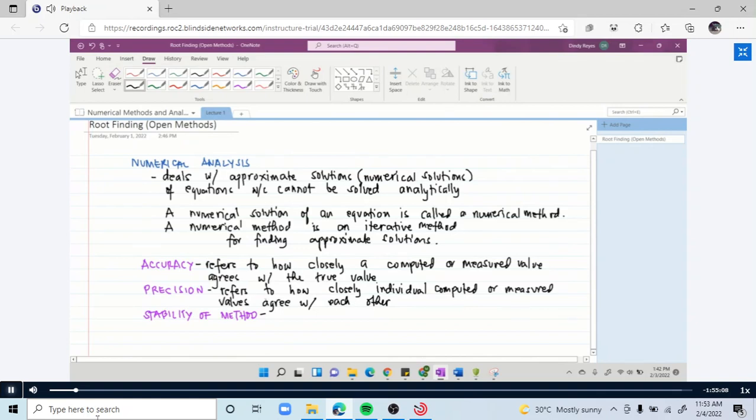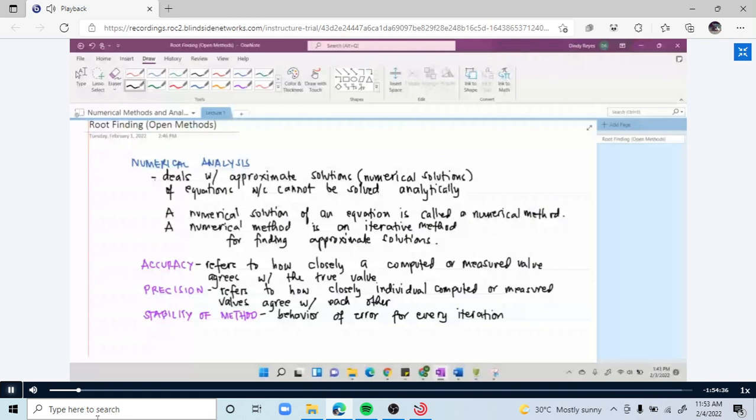So it's very important to note or to look at the errors in your computed values. Okay, so this refers to the behavior of the errors for every iteration. Dapat yung errors natin as you go along the solution, dapat lumiliit siya, na lumiliit.